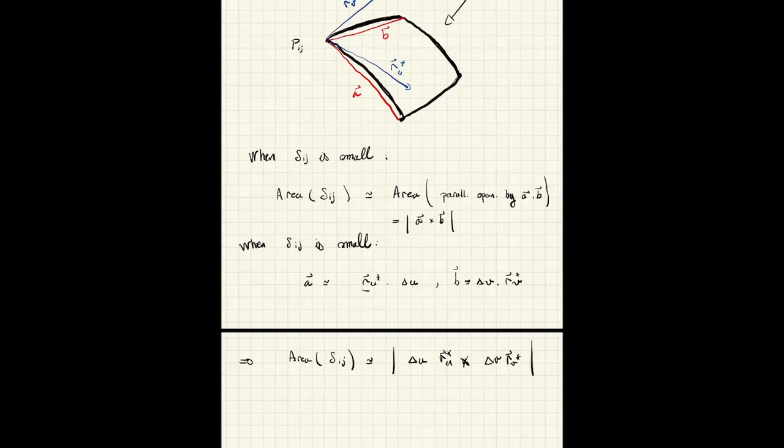And these are scalars, so I can take them out, which is delta U delta V, and they are positive.